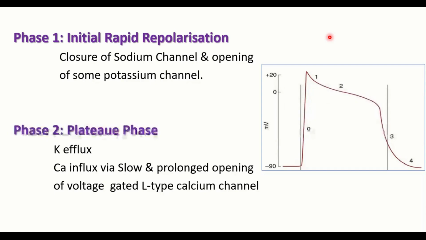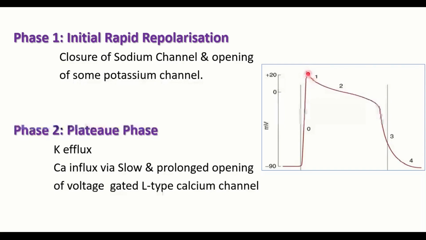That is, the membrane is returning back to its negativity by sending positive ions. Here it is potassium, sending positive ions outside. So you can see in the diagram, this is phase 1. It is coming downwards from the positive side, that is plus 20.